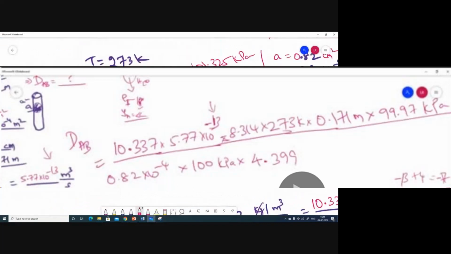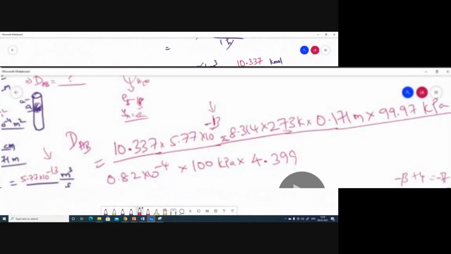So we have vapor pressure is 33 mm. This is again 760 mm into 101.325 kilopascal is equal to how much?